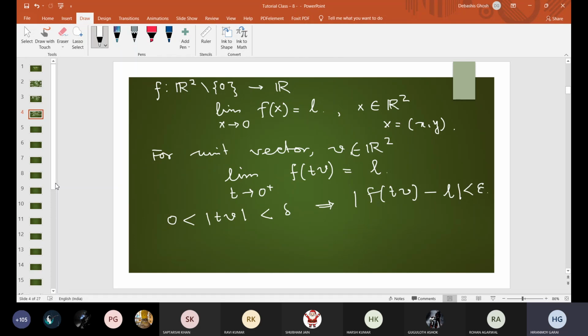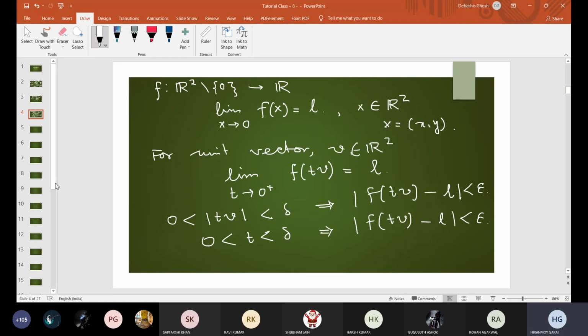Now v is a unit vector, so we can take 0 less than t less than delta. So for all those t, we have mod of f of tv minus L less than epsilon. That gives you that as t tends to 0 plus, f of tv equals L.